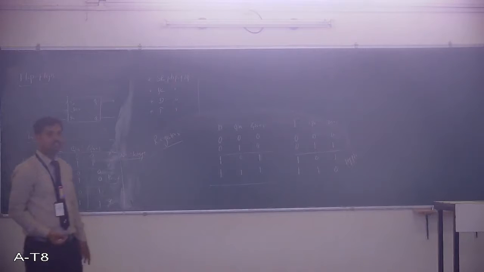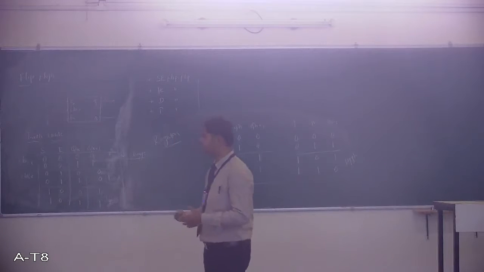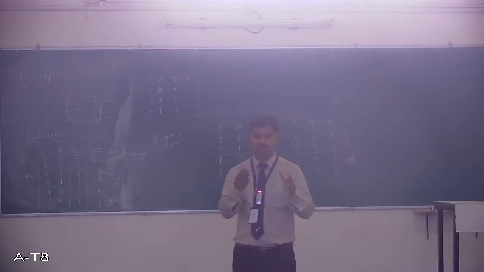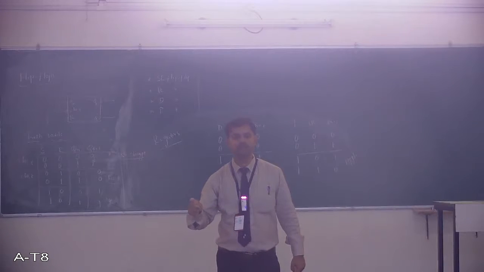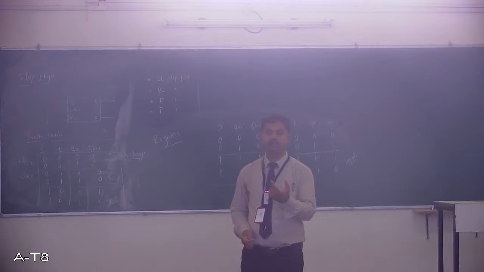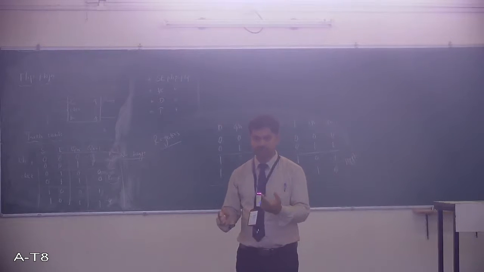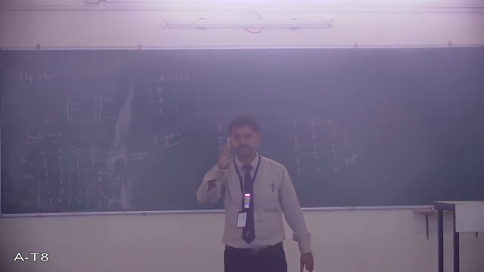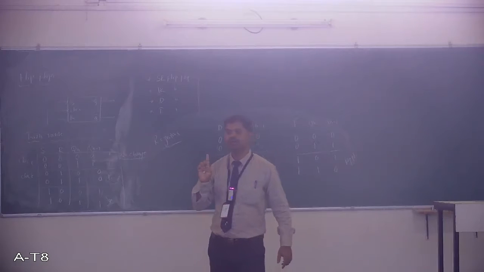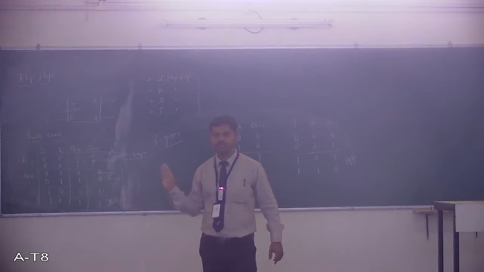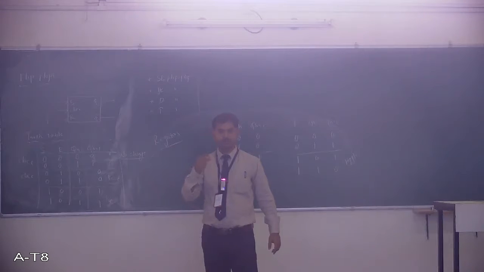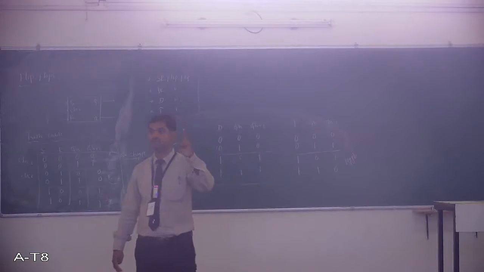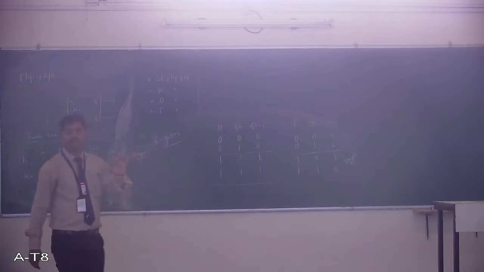Whenever the input combination is S is 1, R is 0, whatever the flip-flop's present output may be, it straight away becomes 1. Got this? This particular thing I will call a set state. Once you apply S1, R0, the flip-flop output straight away turns to logic 1. It is a set state.